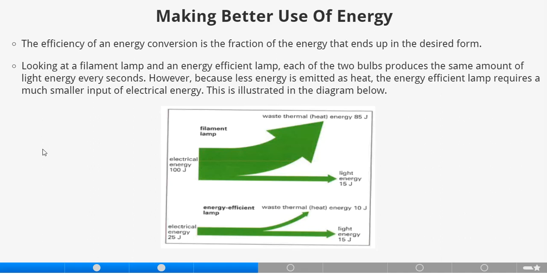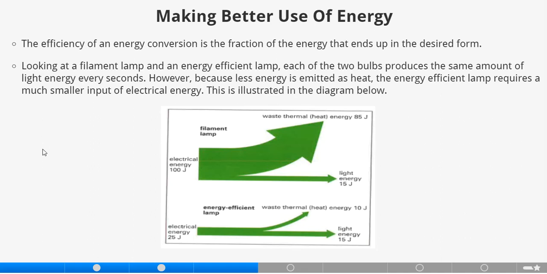However, because less energy is emitted as heat, the energy efficient lamp requires a much smaller input of electrical energy. This is illustrated in the diagram below. We are trying to give a comparison between a filament lamp and an energy efficient lamp, how well they conserve energy and how well they waste energy.